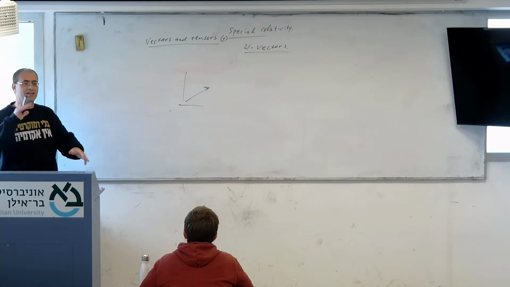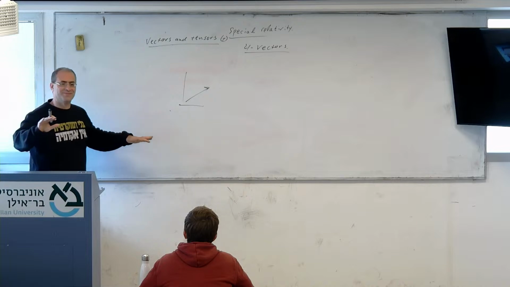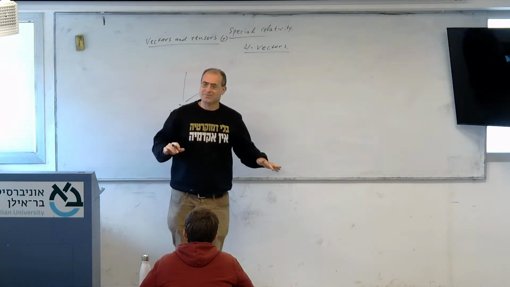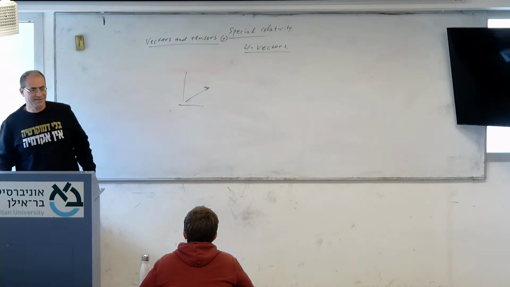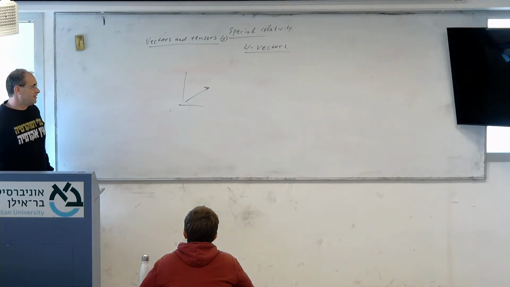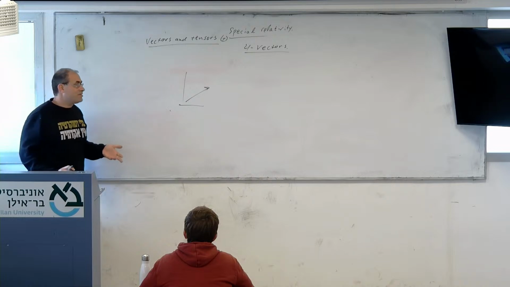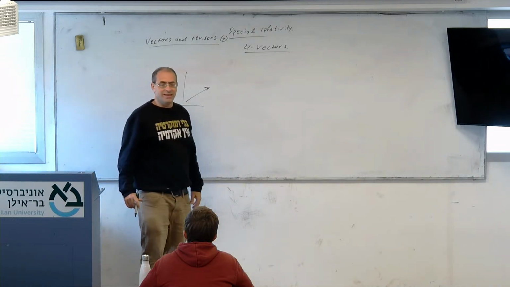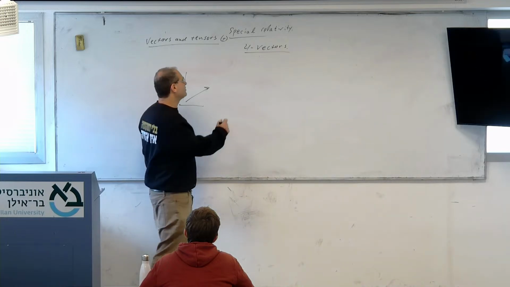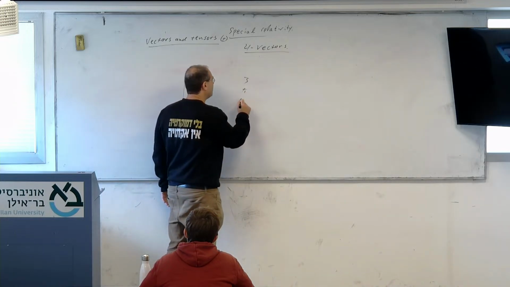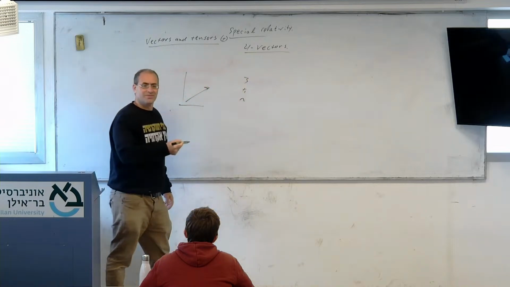You had a whole course in linear algebra. At least 1 course in linear algebra. Right? Can we say that it's an array of numbers? An array of numbers is one way of describing it, yes. But the numbers have some connection between them, right? I'm not just throwing numbers, right? 3, pi, and so on.